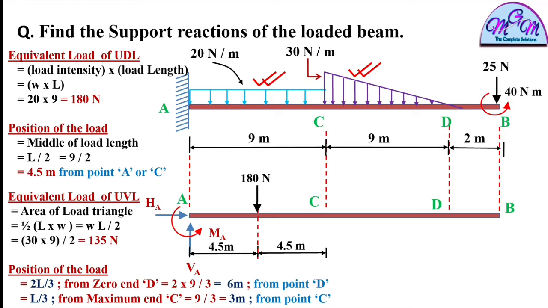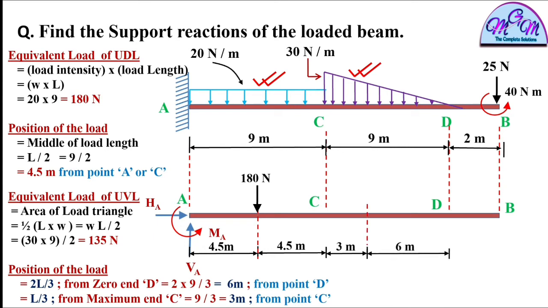Put L equals 9, you get 9 by 3 equals 3 meter from point C. Let us show it here. Let us suppose this is 3 meter and this is 6 meter.